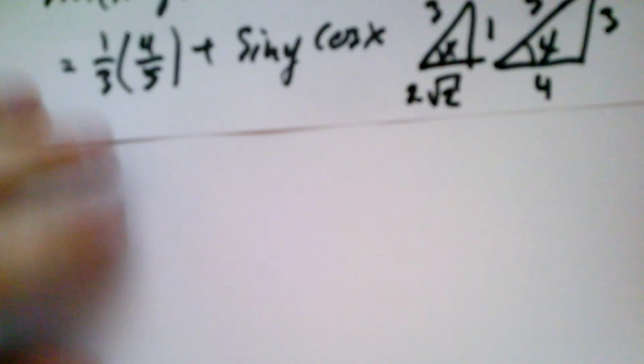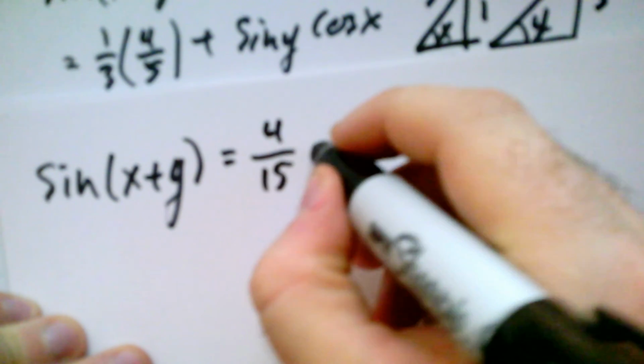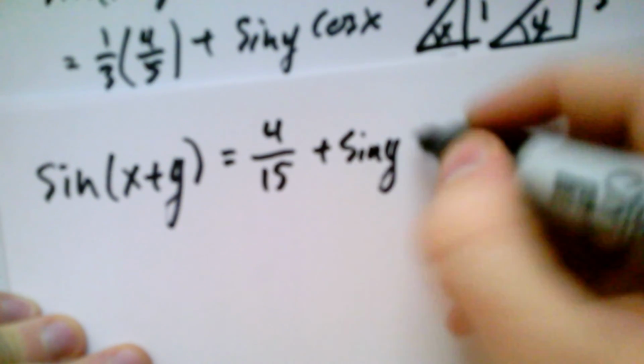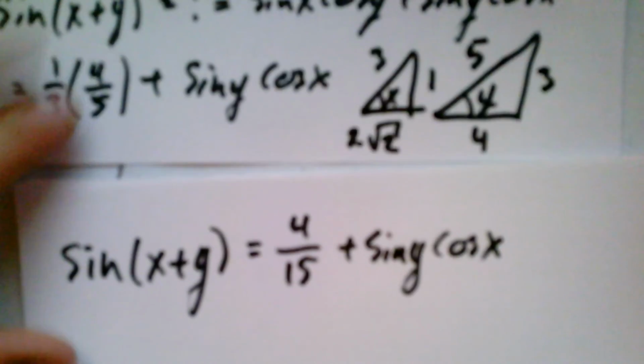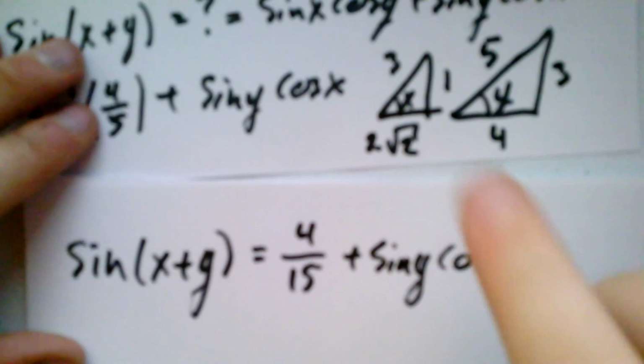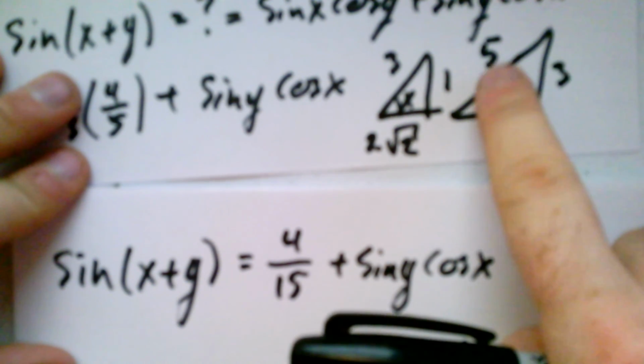So, on our new sheet of paper, we know that we are looking for sine of x plus y, and we figured out it equals 4/15 plus sine y cosine x. And we know that sine of y, looking at this, is going to be the opposite over the hypotenuse, so that's 3/5.